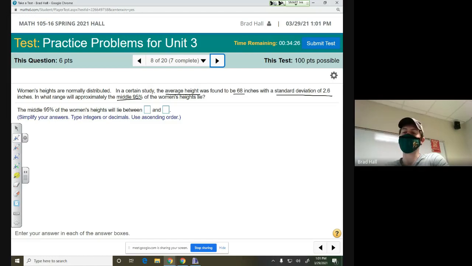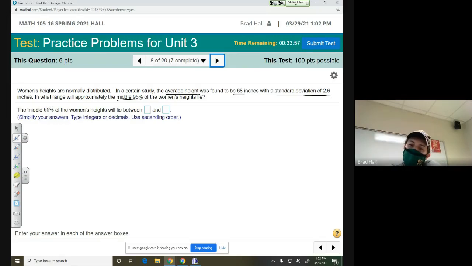What would we do with that mean? Or what would we do with this standard deviation? Or what would we do with anything? How do we proceed with this problem? Yeah, you're getting closer. We'll add and subtract from them.